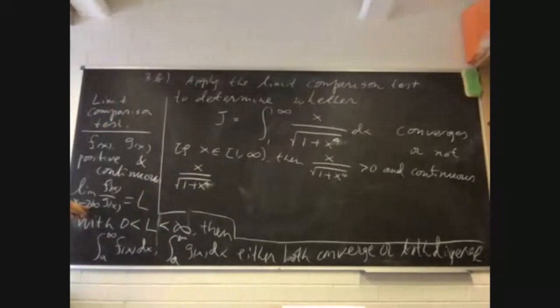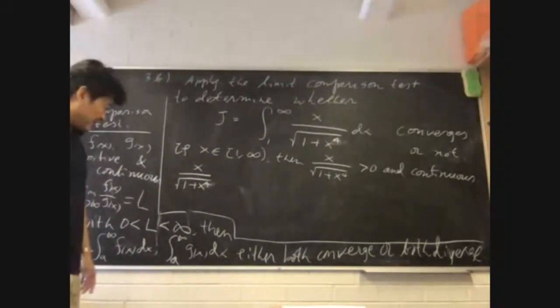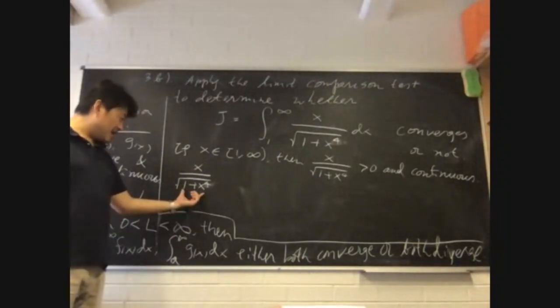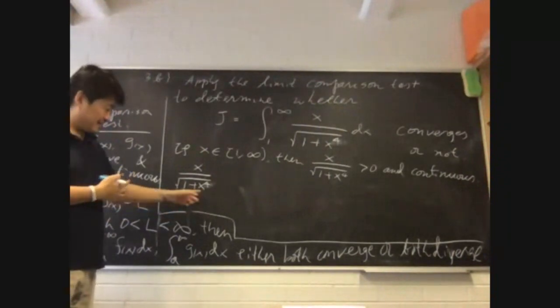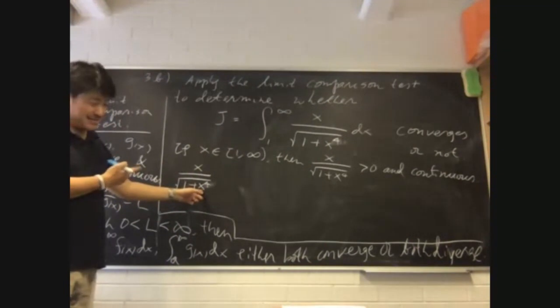But this is not far from that, because I want to take x to infinity in this ratio. I want to take x very large. If x is very, very large, then in the denominator, the square root of 1 plus x to the 4th, this 1 is really insignificant. The bigger thing is the x to the 4th.